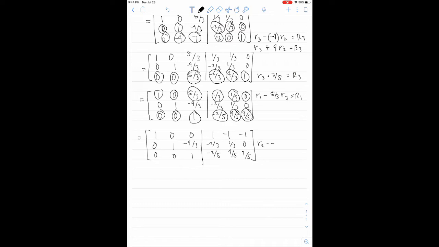So, minus negative 4/3 multiplied by the base, or itong base ay saka row, or aling 1, r sub 3 is equals to r sub 2. So, kopya di mo sub. So, kani pwede siya mahimong r sub 2 plus 4/3 r sub 3 is equals to r sub 2.